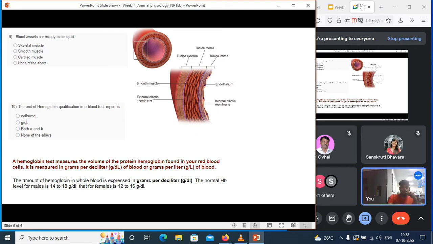Now the question is, why is it higher in males? Anybody?